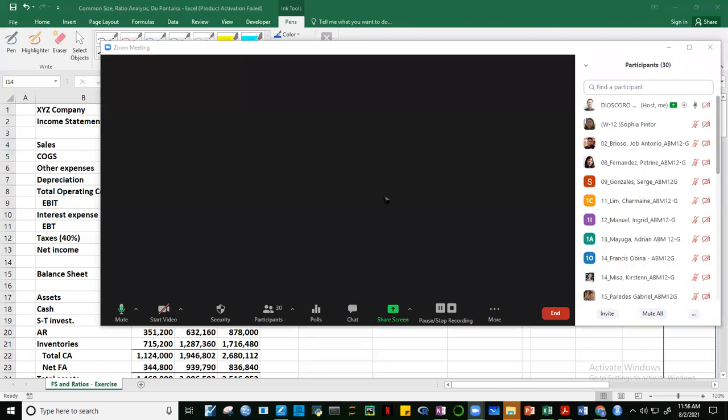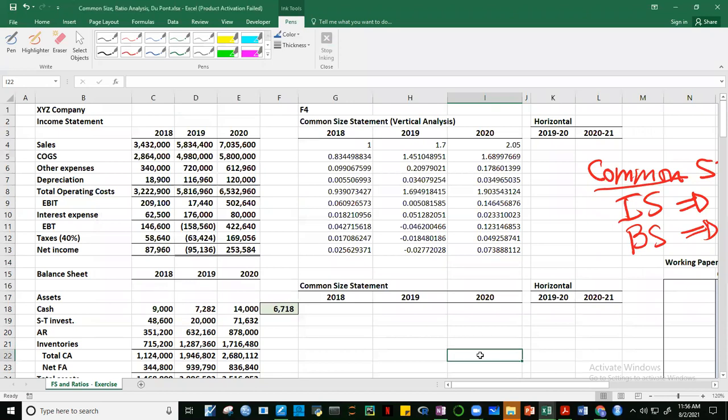John, bakit hindi correct? Liam muna. Bakit hindi correct yan? Sir, dapat pong tanggalin yung $sign before C so you could use D and E. Okay, yeah, that's correct. At saka, if you take a look guys, kasi common size statement, lahat dinidivide natin over sales.